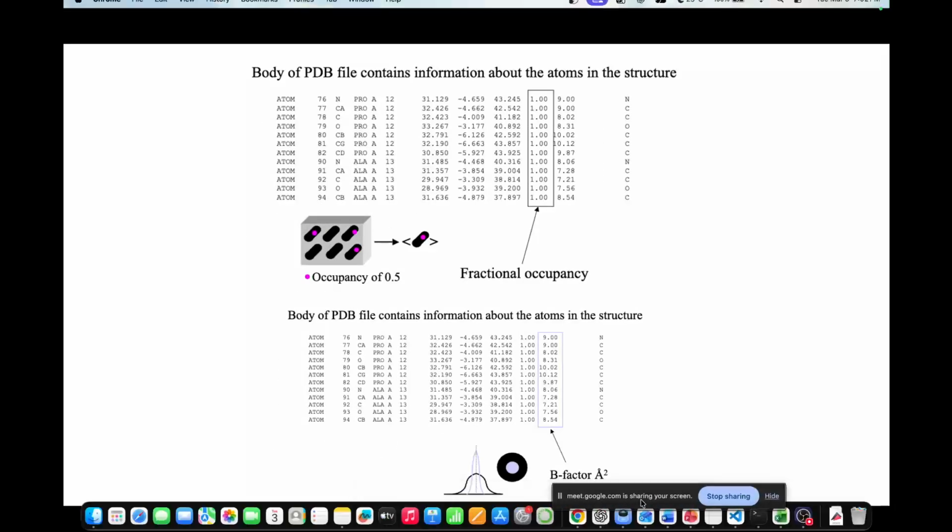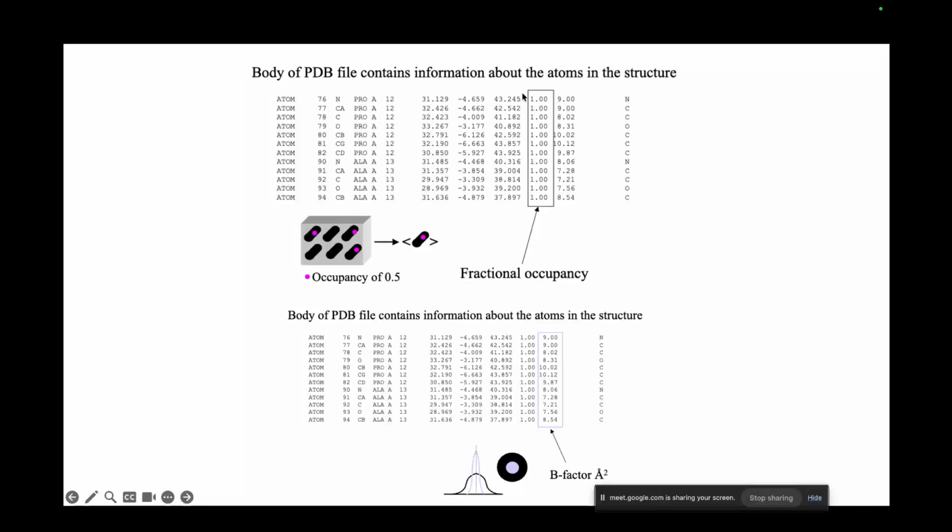Again, this is the fractional occupancy, which we discussed, and the B factor is shown here as two distributions. Both are normal distributions. The purple one has less variance or spread, and the black one has more. If your B factor is coming from the purple distribution, with very little variance and values close to the lower end, the atom is still in its place and not vibrating much.